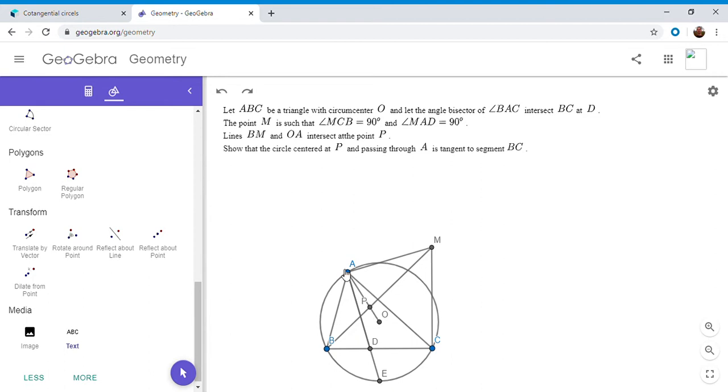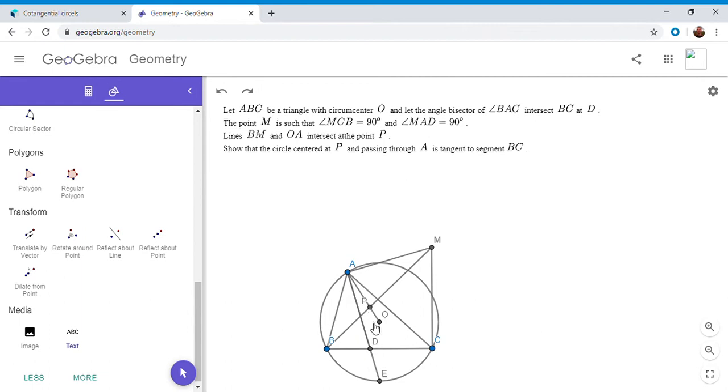So if PA is equal to PK, and PK is perpendicular to BC, and OA is equal to OE, and OE is also perpendicular to BC, then A, K, and E would have to be collinear. So basically K would be point D.